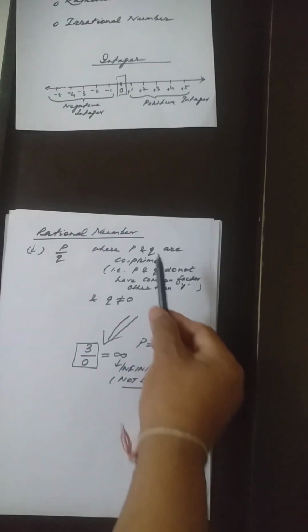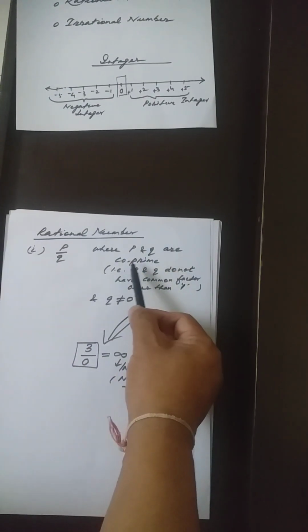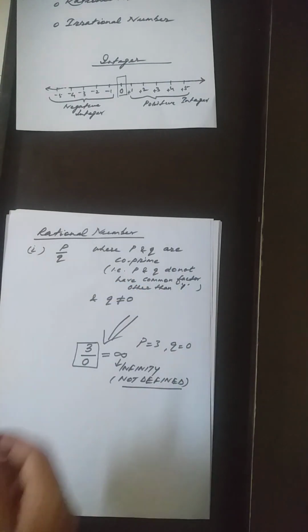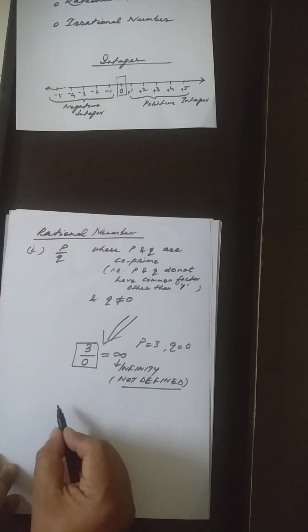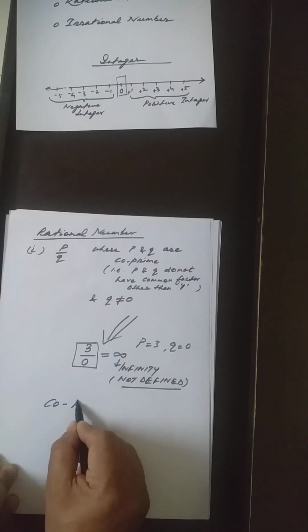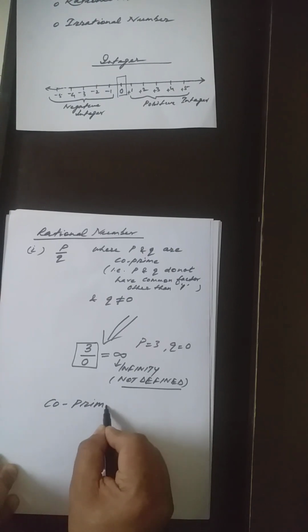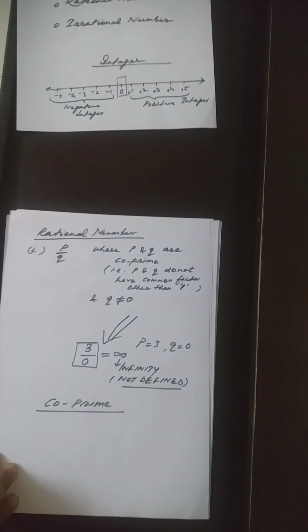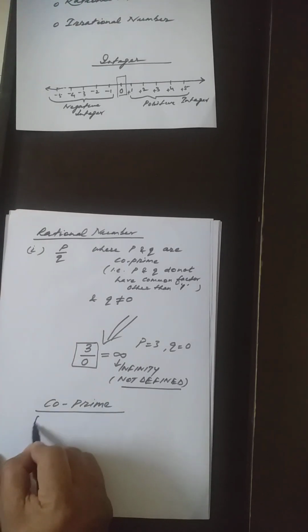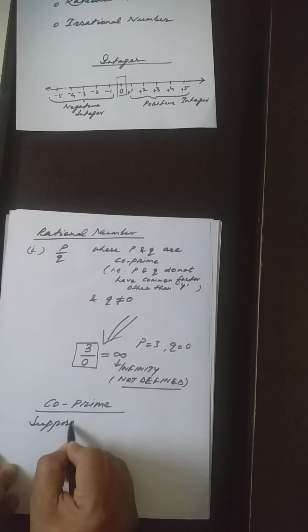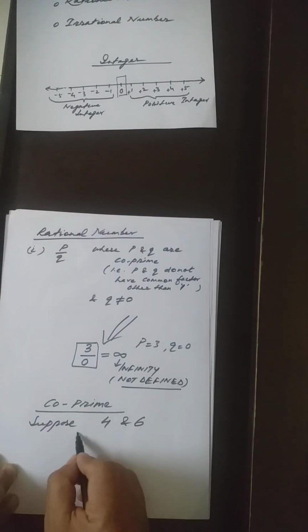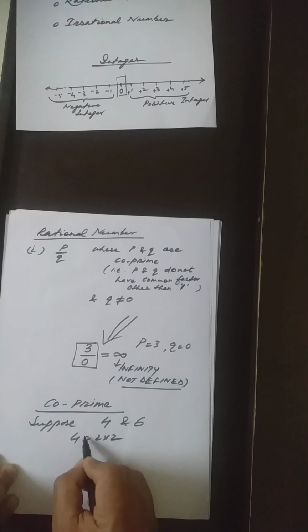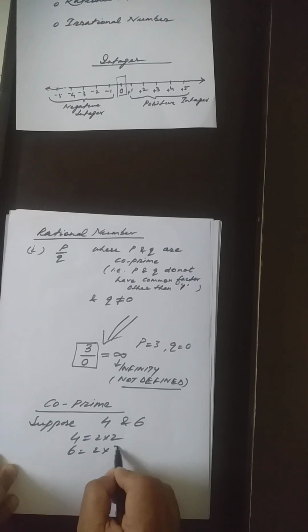Now coming back to p and q being co-prime, a confusion might have cropped up in your mind. What is this co-prime number? So without going further, I will give you a brief about this co-prime property. Suppose we have numbers 4 and 6. Here 4 has factors 2 into 2, and 6 has factors 2 into 3.